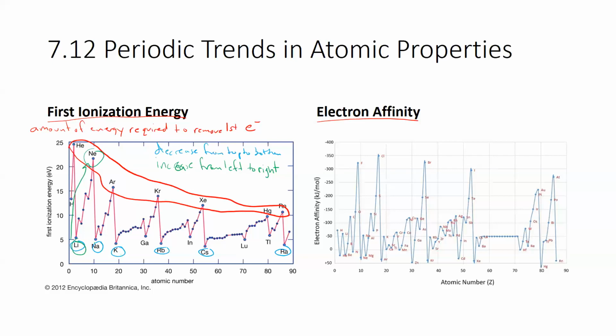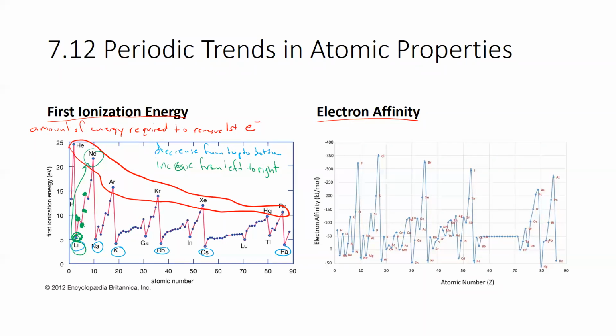But you'll notice that if you look, you've got lithium as your first one. There's lithium there. Then you have beryllium. And then you have boron, third, carbon, nitrogen. Looking at the electron configuration of the valence electrons, lithium is 2s1, beryllium is 2s2.